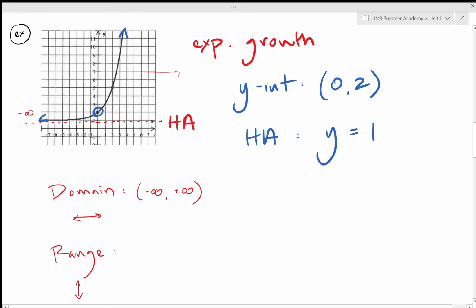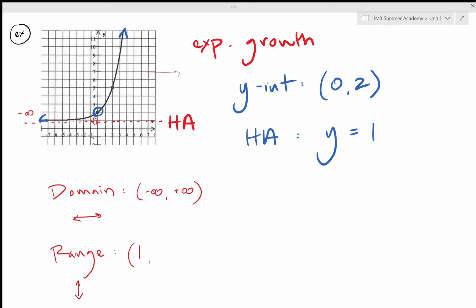Range. Now we've got to measure the y values, the up and down. Does it ever stop going down? Now we've got to be careful here. It does stop going down. It gets really, really close to a number. It's not actually stopping, but it's getting closer to that number, and that number is 1. Does it ever get to 1? No. So since it doesn't get to 1, we can't include it, so we have to give this a parenthesis. That means it's getting closer and closer to 1, but never touches it.